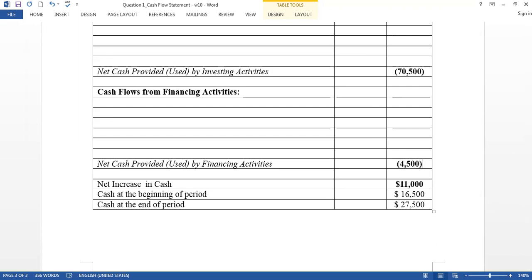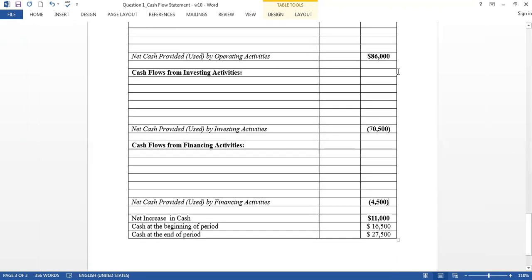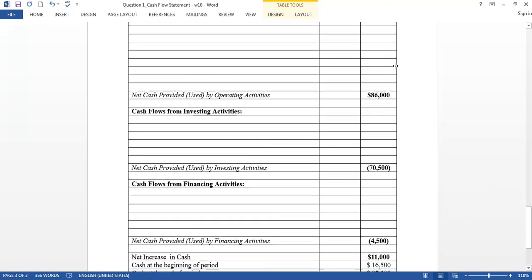Now what is the balance? Look at here. Operating activities $86,000, right? Plus investing activities, first bracket means minus, right? Then financing activities 4,500 minus, it is $11,000. Do you understand?